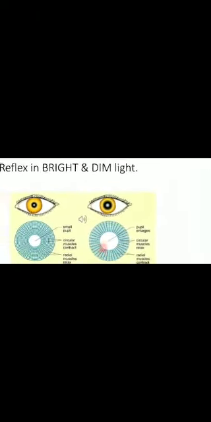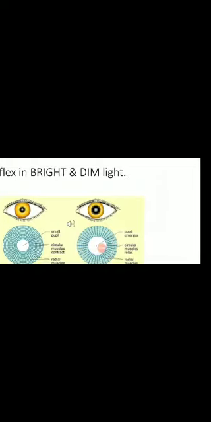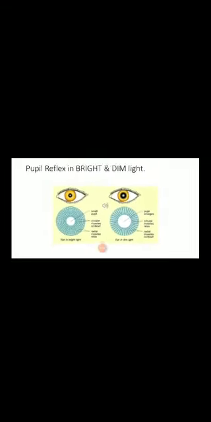When the radial muscle contracts, it pulls the iris toward the outer side and the size of the pupil increases. This is the behavior of the eyeball, especially the iris, in bright and dim light.